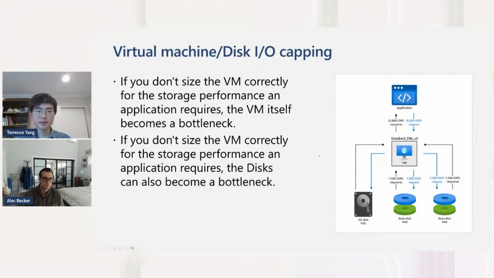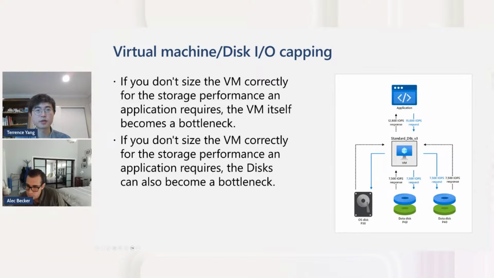In this scenario, you have an application, and the requirement for the application is 15,000 IOPS requests. The VM supports only 12,800 IOPS. This is the Standard V8S v3 VM. The disks attached to it are one OS disk and two data disks. Each data disk is a Premium SSD P40, capable of handling 7,500 IOPS requests and responding with the same IOPS.